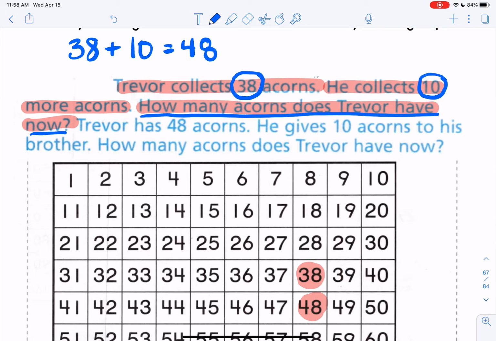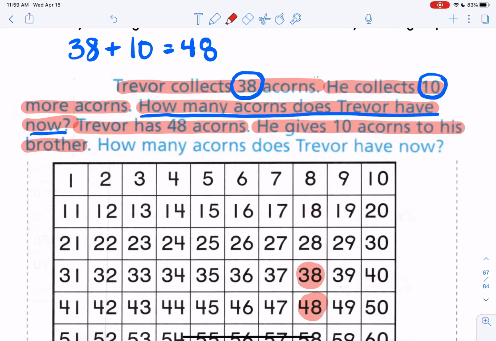But there's more to the problem. So let's keep reading. It continues and says, Trevor has 48 acorns. We know that. He gives 10 acorns to his brother. Oh, he's giving them away. He's going to have fewer acorns. That's going to tell us, are we going to add or subtract?